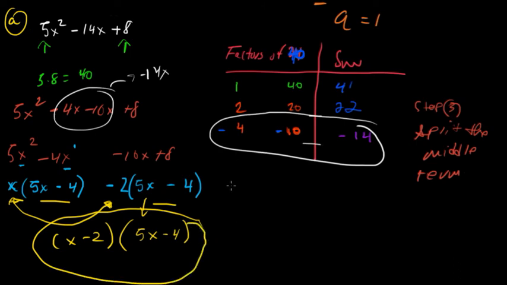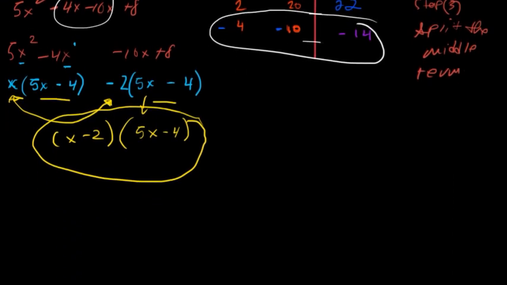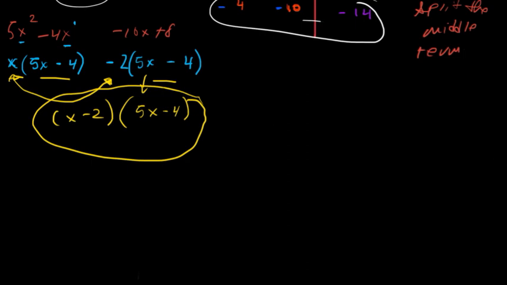Okay, let's just say for some reason you don't trust me on this. So let's go ahead and check it. We can check this by using our good old FOIL method. So the check. We have x minus 2 times 5x minus 4, right? By the FOIL method, x times 5x gives me 5x squared.